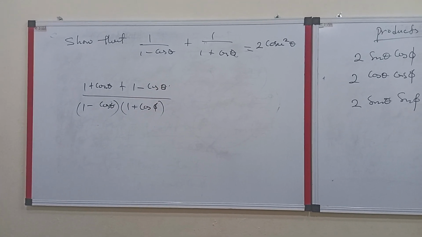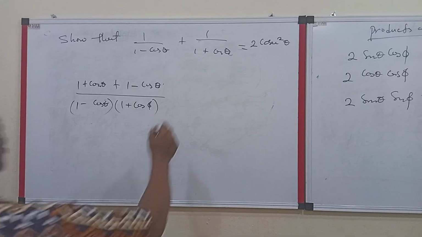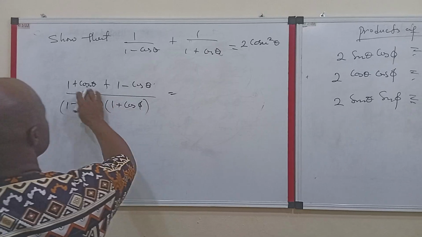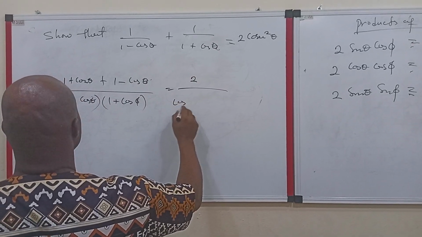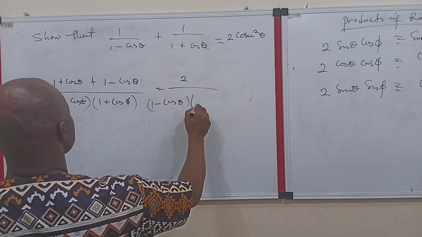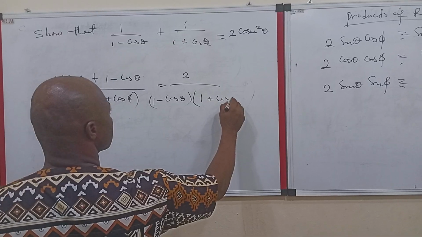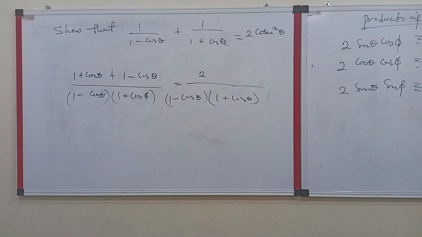Now, the next thing you do is to simplify. When you simplify, you are going to have 2 all over (1 minus cos theta) into (1 plus cos theta). That's what you have.